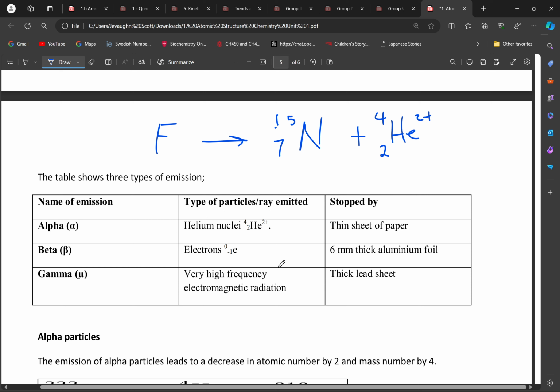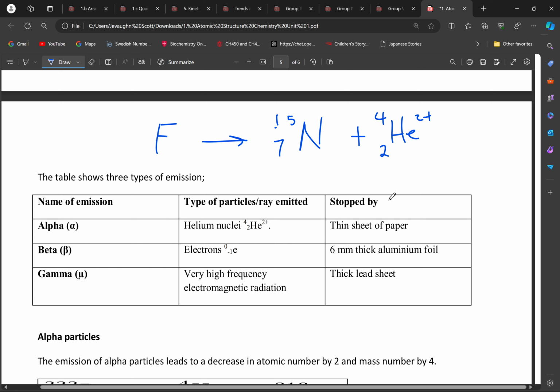What's happening for a beta decay? You're going to get the same 19 as the mass number, but the atomic number can change to 8, and you're going to get the electron coming out. So what tends to happen in beta decay is that something is changed into something else.